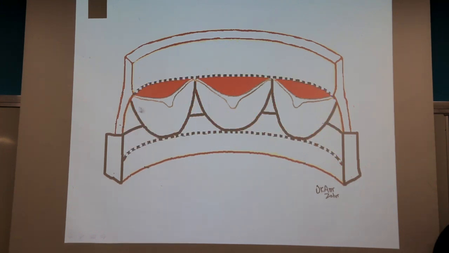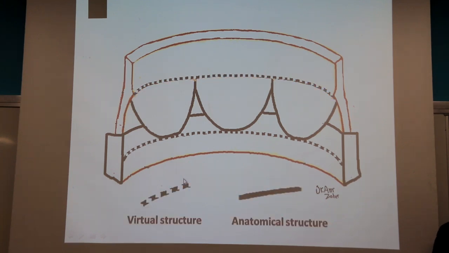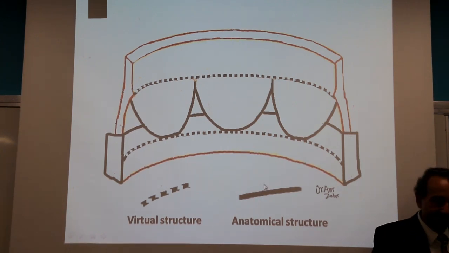Actually, here is the sinotubular junction, and here is the hemodynamic junction, and here is the anatomical junction, and here is the virtual basal ring. Actually, the hemodynamic junction and the anatomical junction are anatomical structures. For us surgeons, we can see it.